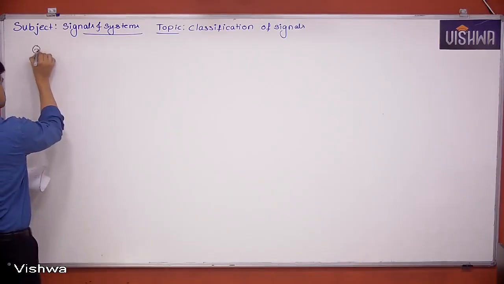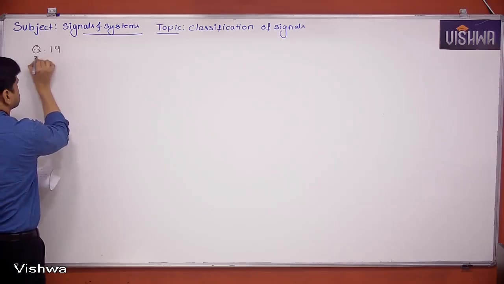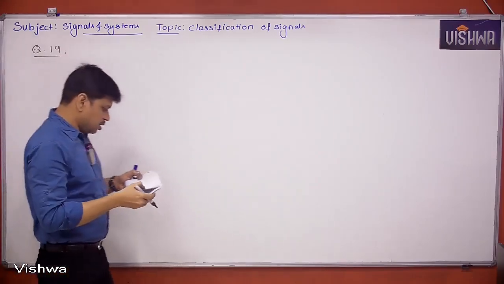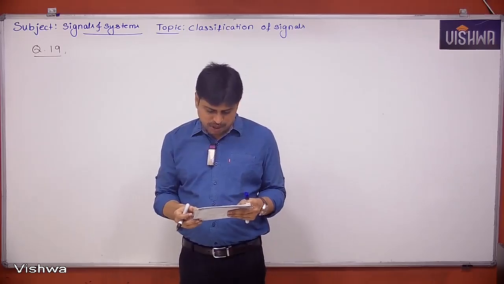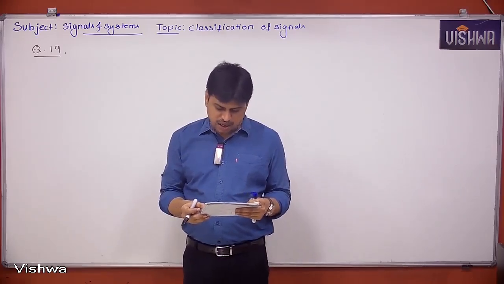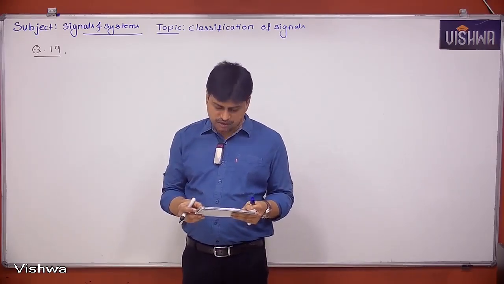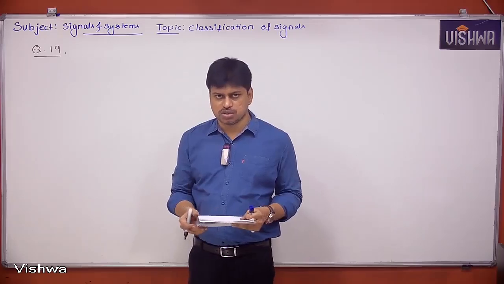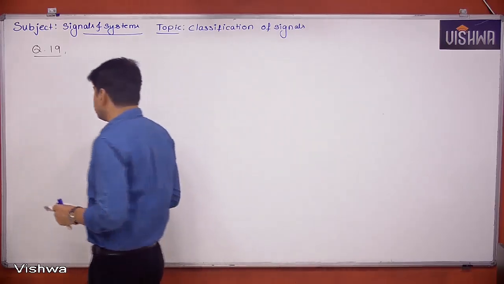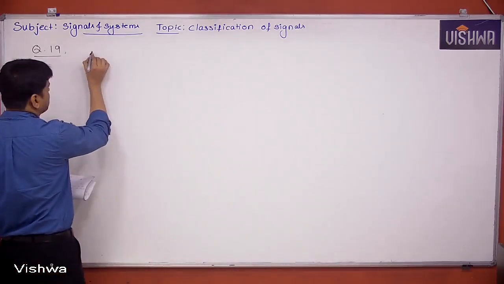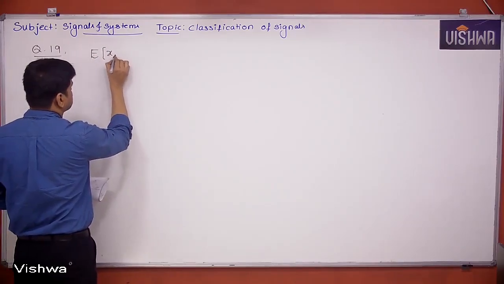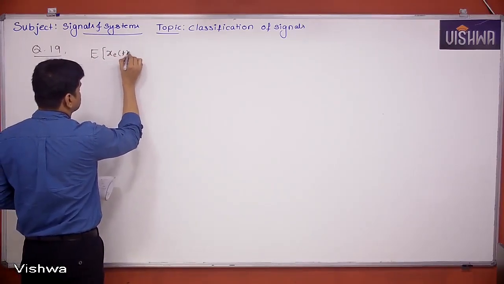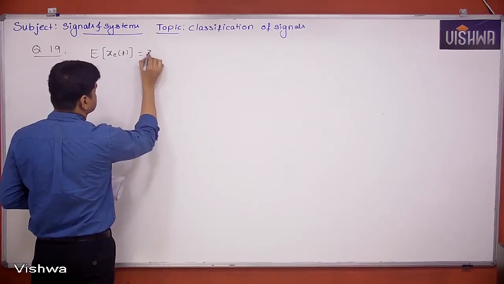Let me read this question. A real signal x of t has 3 joules in its even part and 7 joules in its odd part, then the total energy of x of t is dash joules. Okay, so they said a signal x of t having an even part, and in that even part the energy is equal to 3 joules.